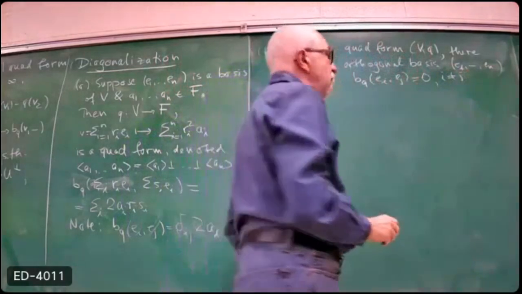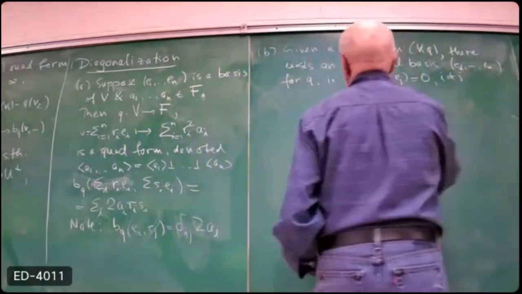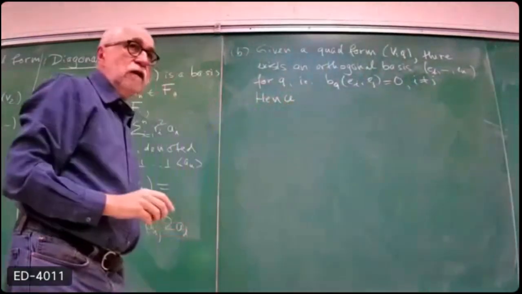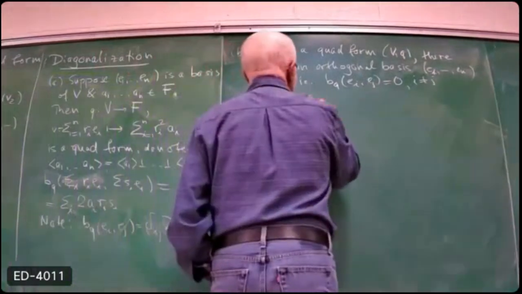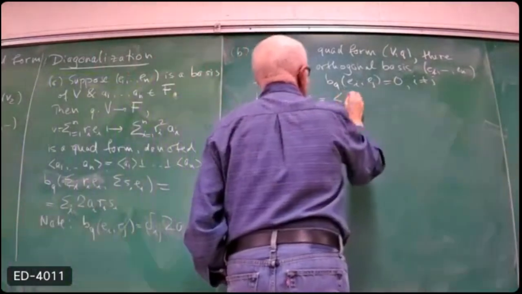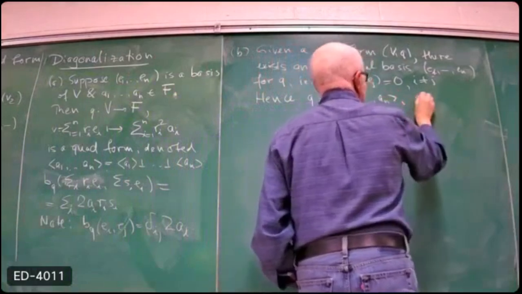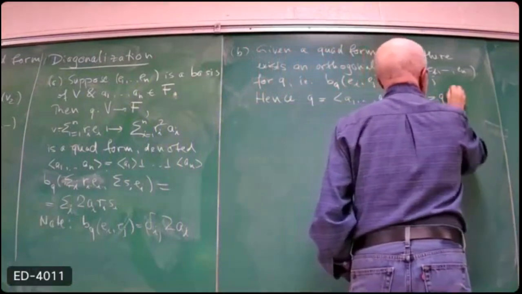And hence, as a consequence, this quadratic form is just the diagonal form <a1, up to an>, where the a_i are Q of e_i.